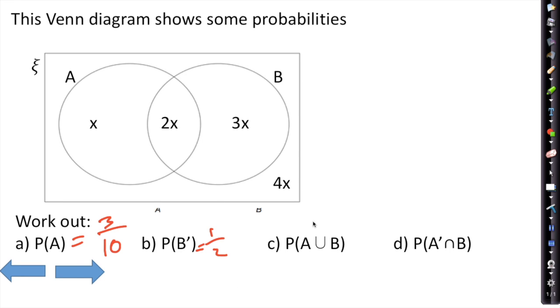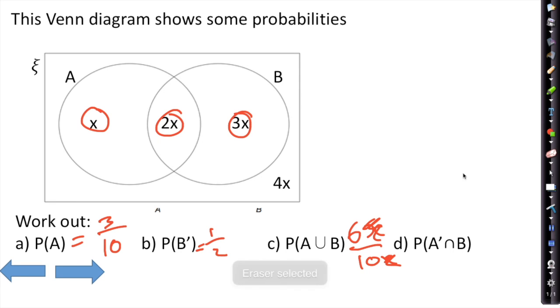Probability of the union of A and B is going to be this, this, and this. Add them all together, 6x over 10x. Again, divide by x, and again you can simplify them. 6 over 10, divide both of them by 2, and you get 3 over 5. So your probability is 3/5.